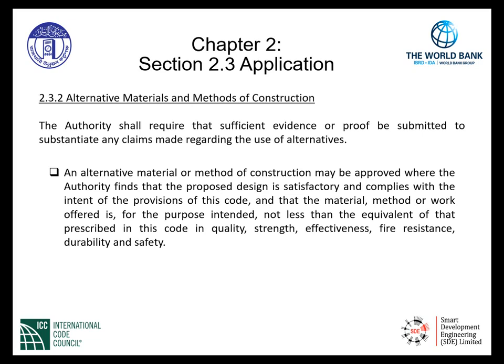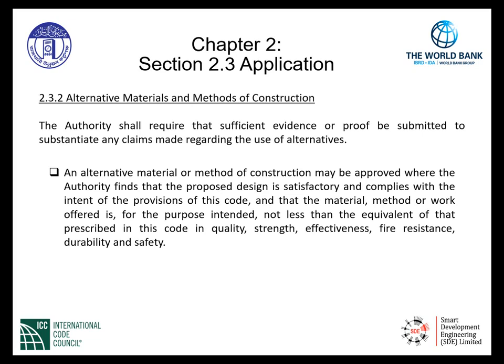As stated in this particular requirement, the alternative material or method of construction may be approved where, in fact, the authority finds that the proposed design is satisfactory and complies with the intent of the provisions of this code, and that the material, method, or work offered is for the purpose intended, not less than the equivalent of that prescribed by this code in quality, strength, effectiveness, fire resistance, durability, and safety.